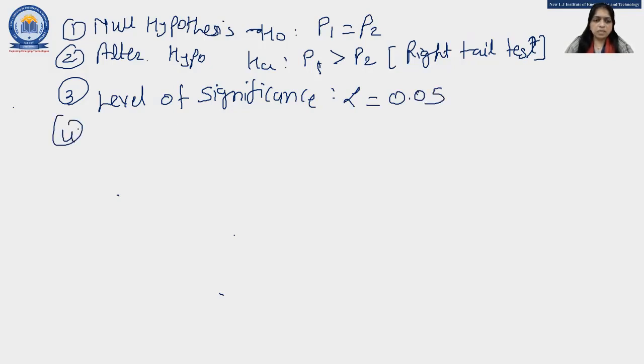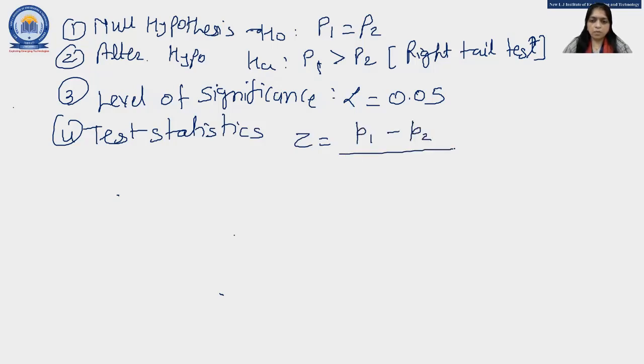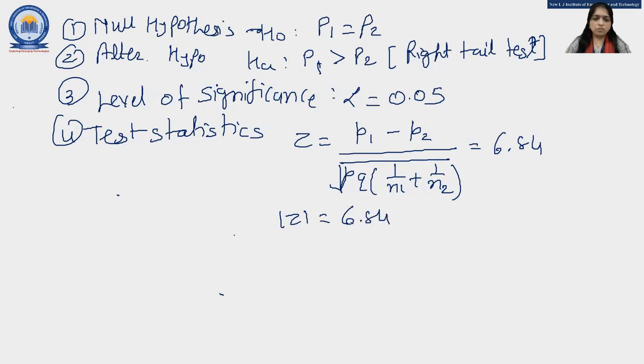The next one is test statistic. For the test statistic, Z is equal to P1 minus P2 upon square root of PQ (1 upon N1 plus 1 upon N2). After substituting all values in this formula and after simplification, our answer is 6.84. So our mod Z is also 6.84. The fifth one is critical value.